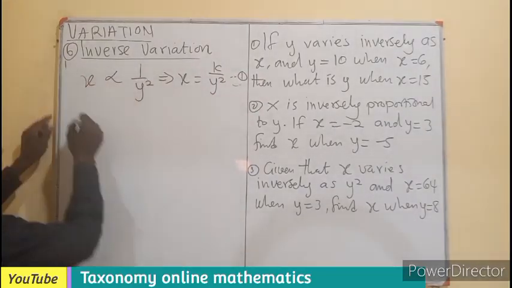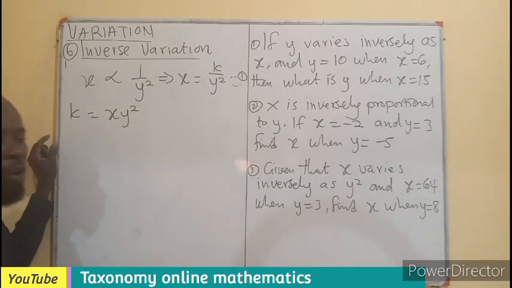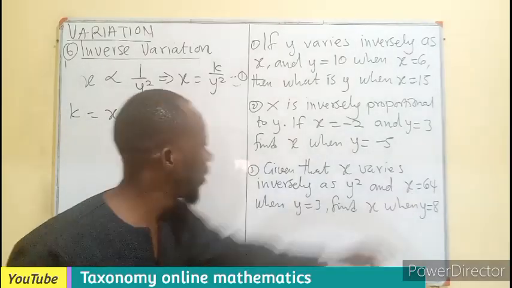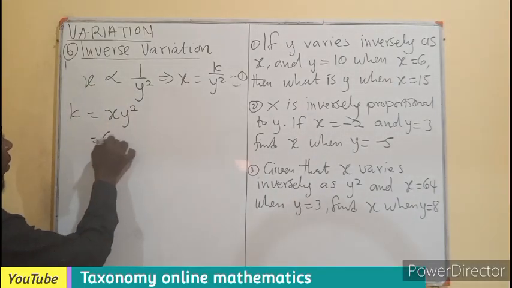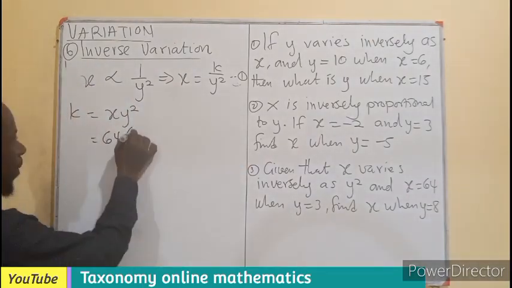So now we can find the constant when we multiply x by what? y squared. Now only do substitution, for your x, which is going to be 64, that of y is going to be 3.